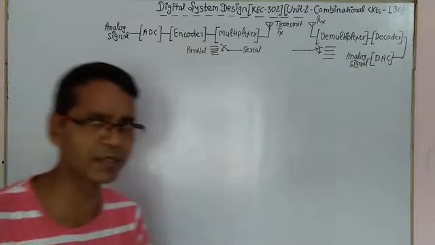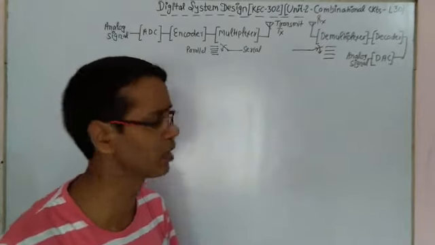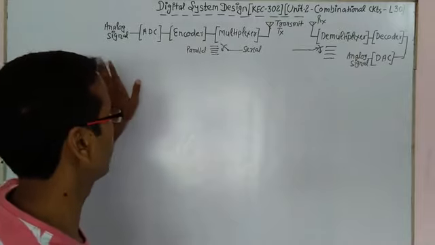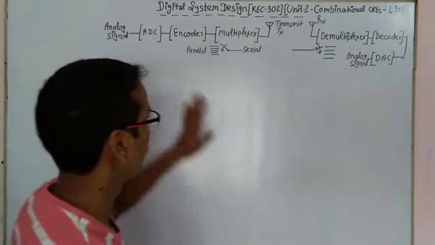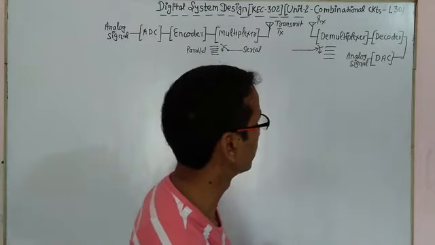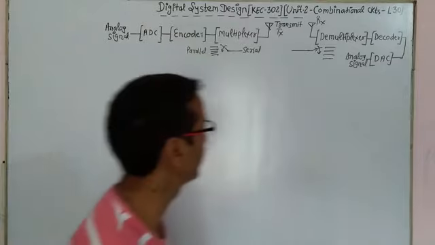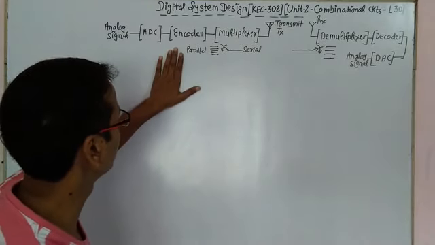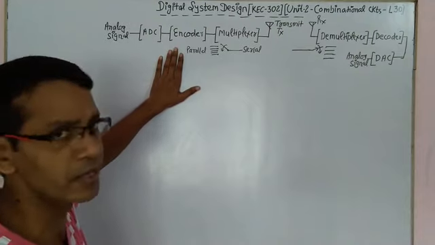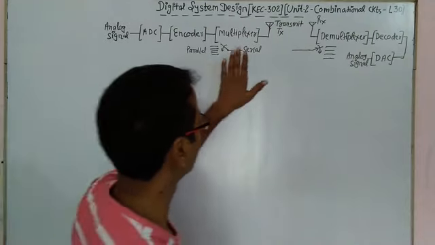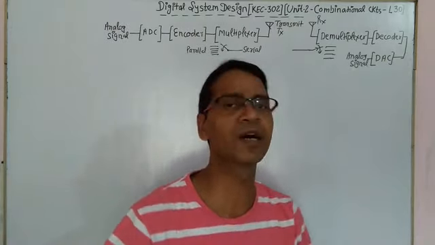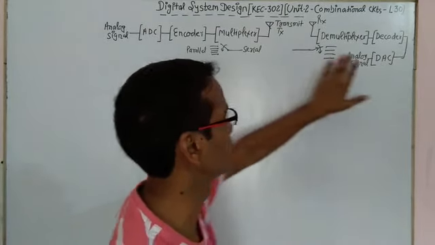So your information is transmitted over a channel from one place to another place. Here you can see this is the basic communication system, and where you need an encoder, a multiplexer, a demultiplexer and a decoder. So you will understand the purpose and working of the encoder, the purpose of multiplexer and demultiplexer, and where we are using them.